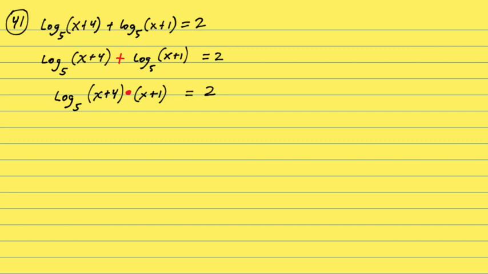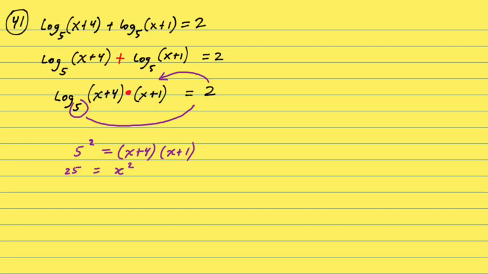To convert it to exponential form, we do what some teachers call the fish hook. 5 raised to the 2 equals all of this, x plus 4 times x plus 1. So I took it from a logarithmic formula and I wrote it as an exponential formula. That gives me 25 equals x squared plus 5x plus 4.